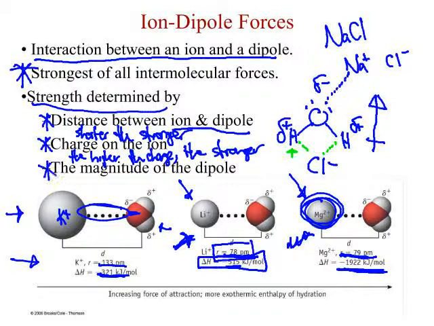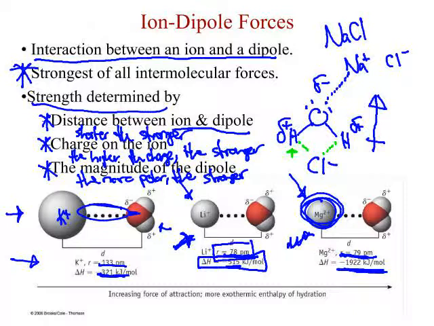Lastly, guys, the magnitude of the dipole: the more polar a molecule is, the stronger this attraction is going to be, because a large dipole corresponds to a very polar molecule with a more positive end and a more negative end. So there we have it. That's our first type of attractive force, an ion-dipole interaction.